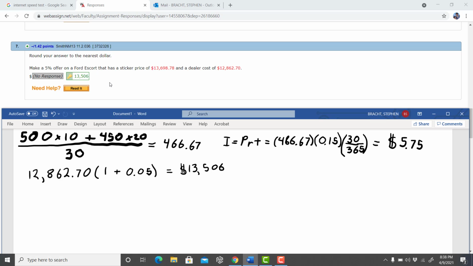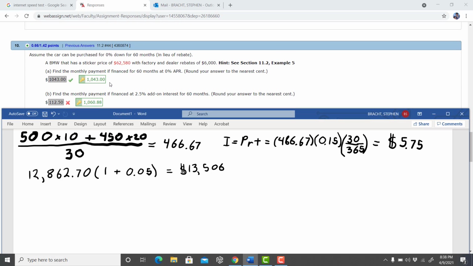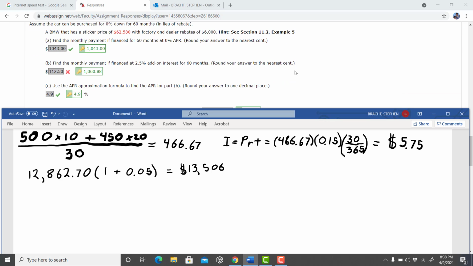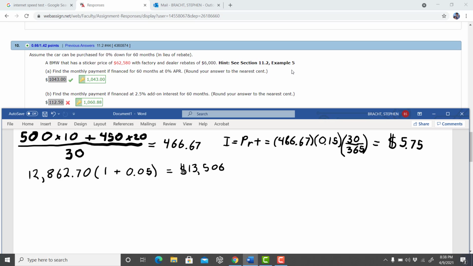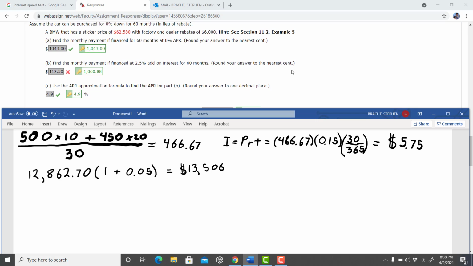Let's see. Moving on to 10B. Okay. So we have a car. Says that the car can be purchased for 0% down for 60 months.